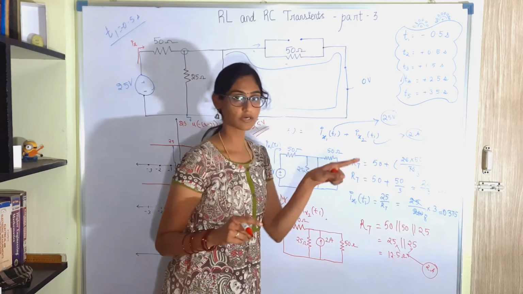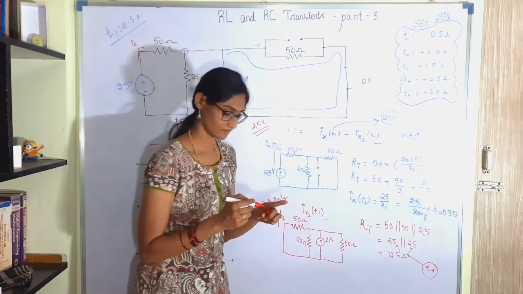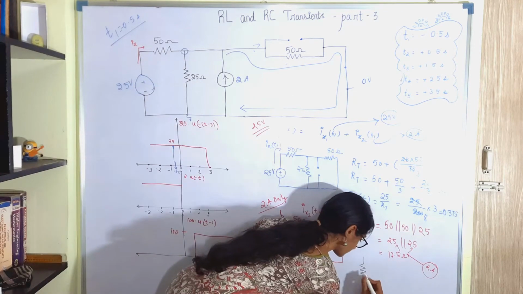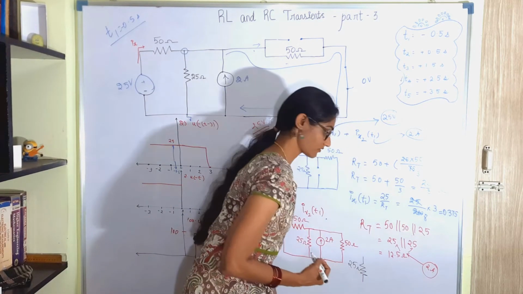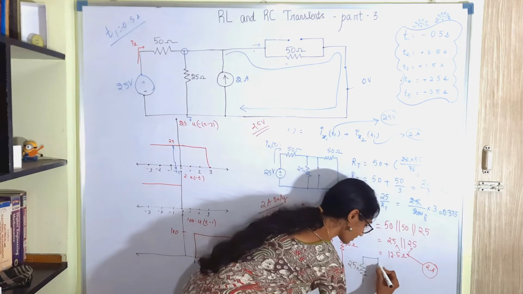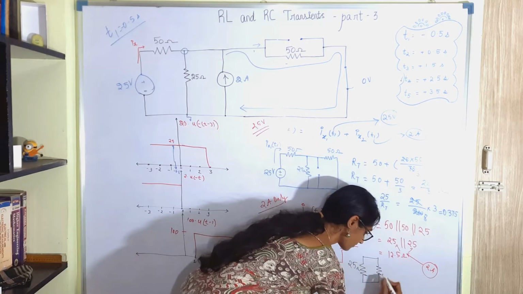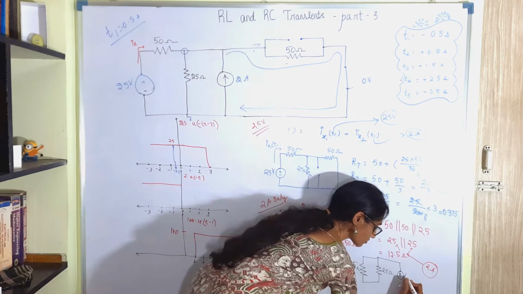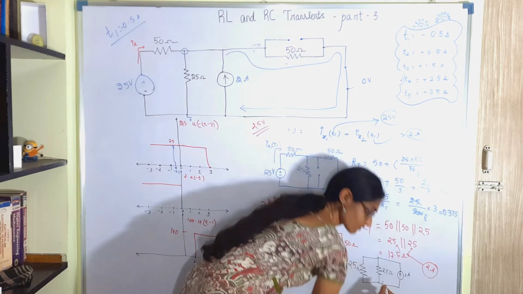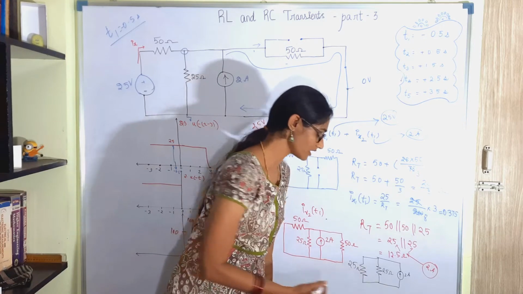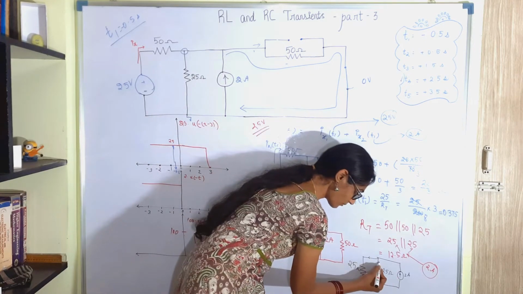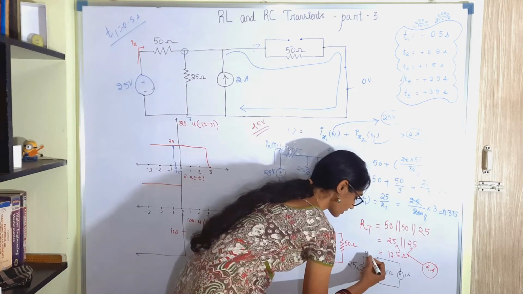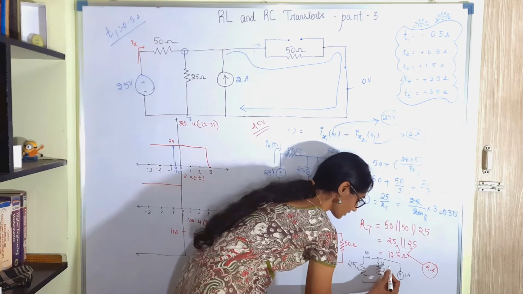So that 1 ampere is in one path, another ampere is, I'll draw it. You have a 25 ohm and then you have another 25 ohm. To this, you have a 2 ampere source connected. Alright, so since these are equal, the 2 ampere splits into 1 ampere each. That is what I was saying. Okay, so this current is 1 ampere, this is 1 ampere.